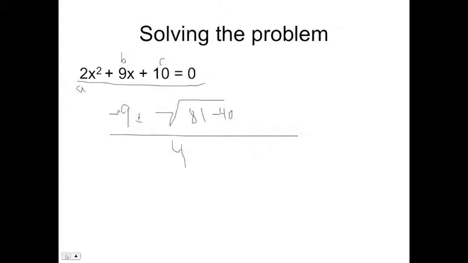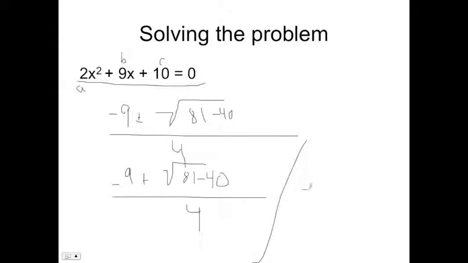One would be negative 9 plus the square root of 81 minus 40, over 4. And then there would be negative 9 minus the square root of 81 minus 40, over 4.